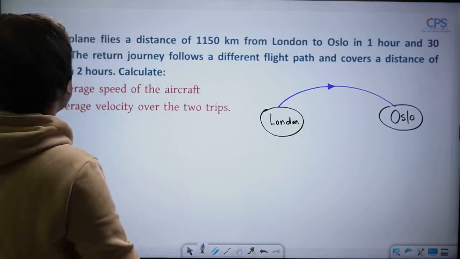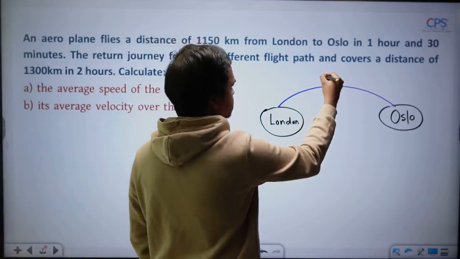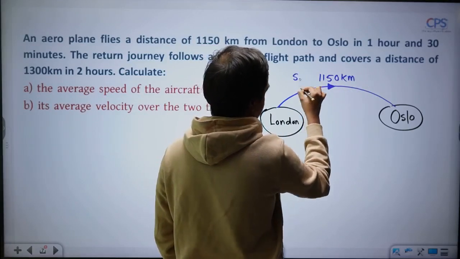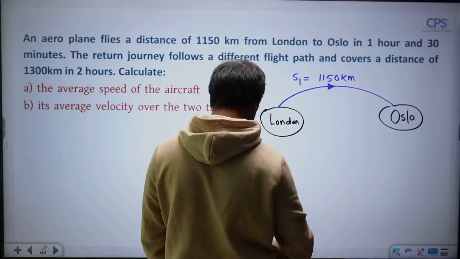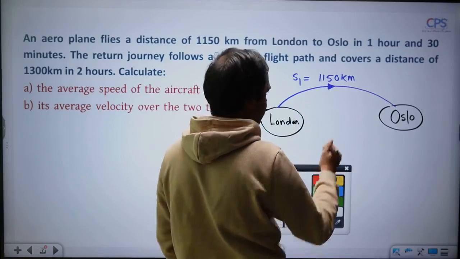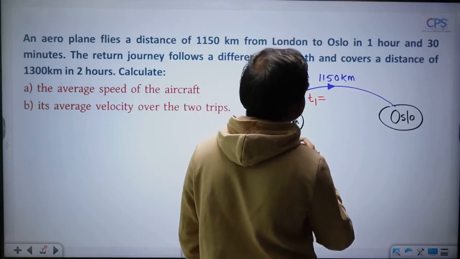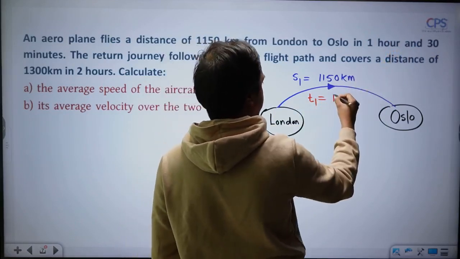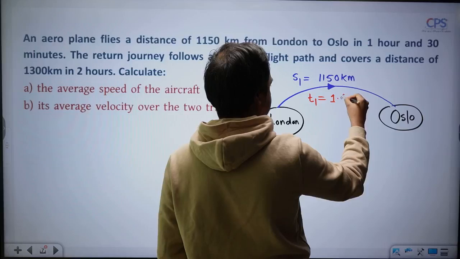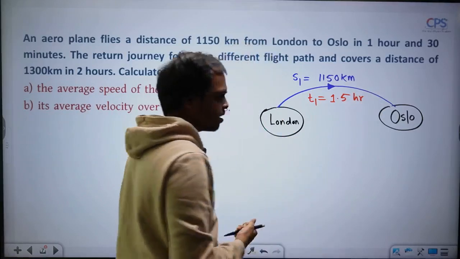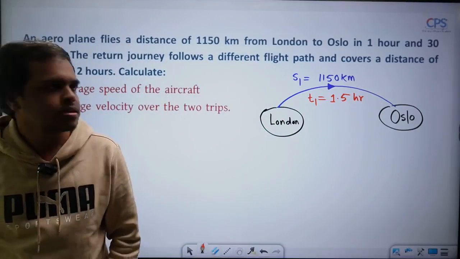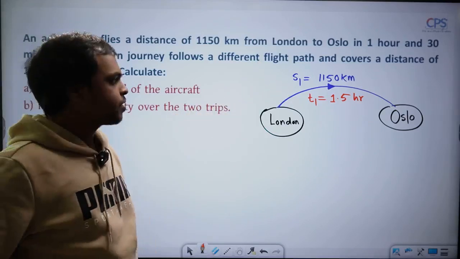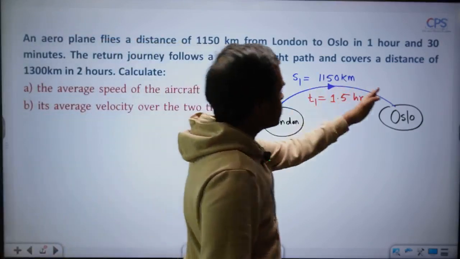This flight path covers 1150 kilometers, so that's S1, and the time taken is T1, which is 1.5 hours. Does anyone have a confusion about it? 1 hour and 30 minutes means 1.5 hours. So this is the first flight.